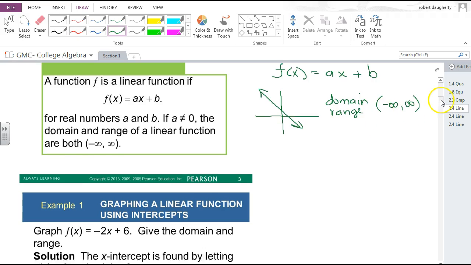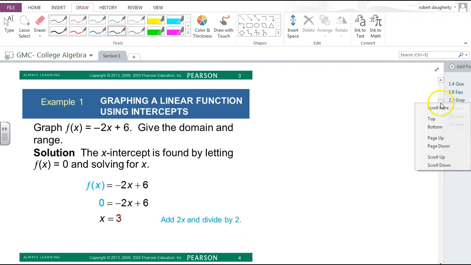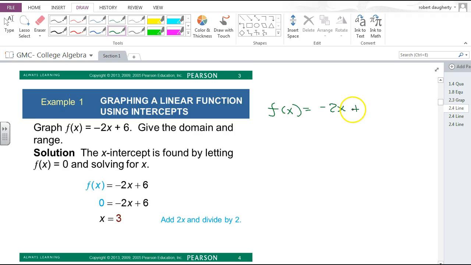Now, let's talk about graphing lines, and you've probably done this in previous classes, okay? So graphing a linear function using the intercepts. Let's look at f of x equals negative 2x plus 6.